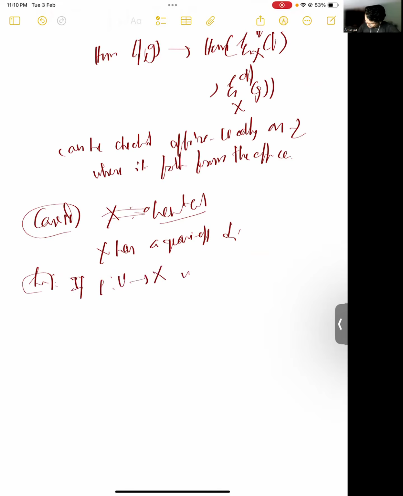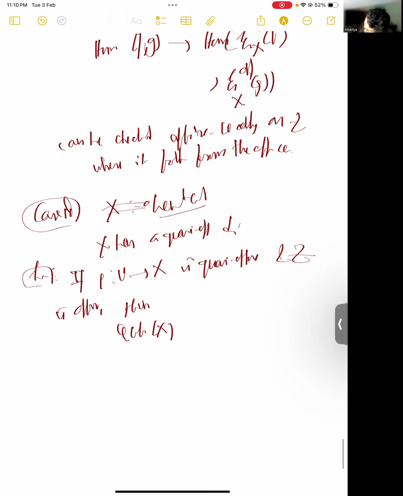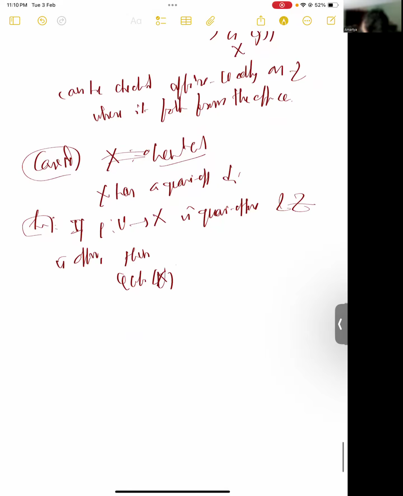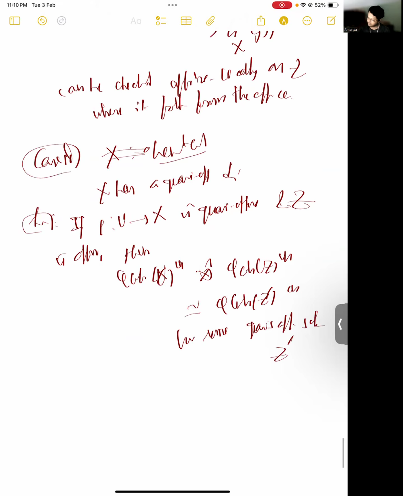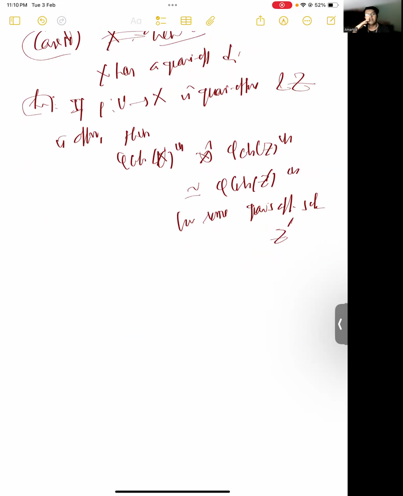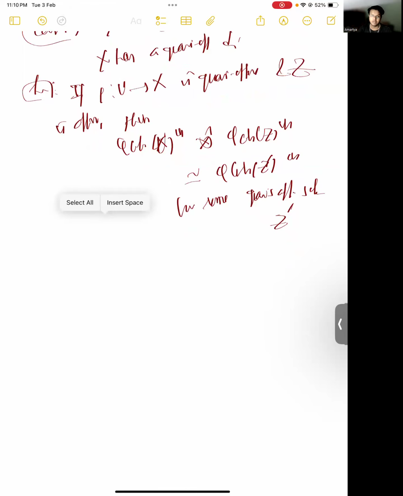If p from U to X is quasi-affine, and Z is affine, then this QCoh X, QCoh U, and so on. So we saw an affine version of this for quasi-affine schemes. Right? So yeah, I'll skip the proof sketch of this part. So we'll actually use this lemma.